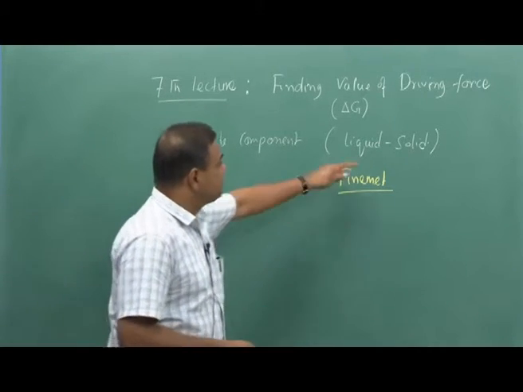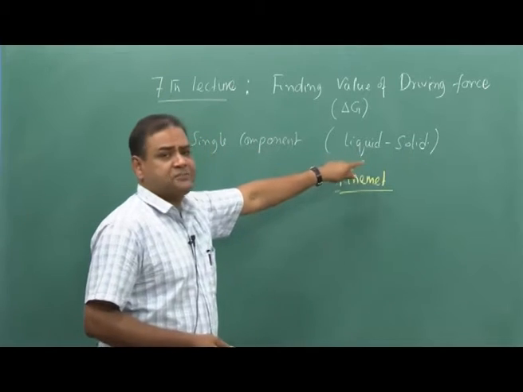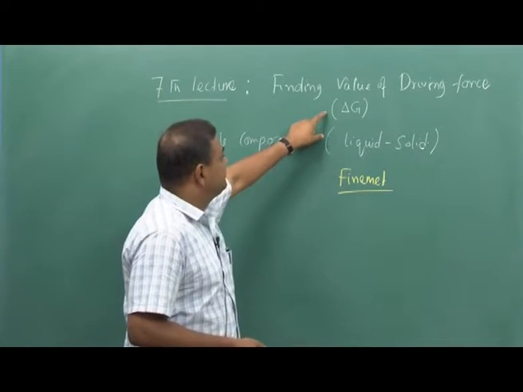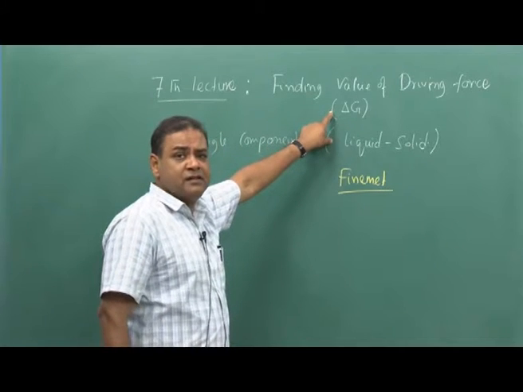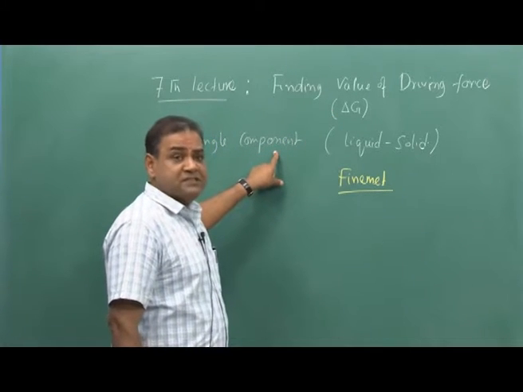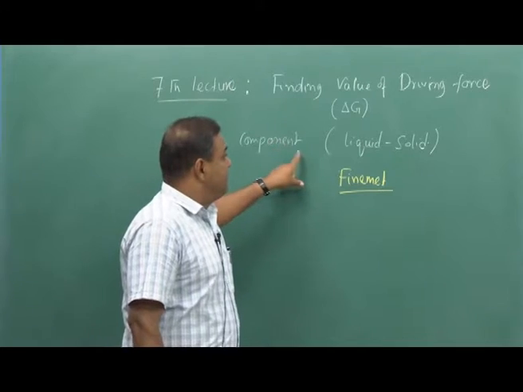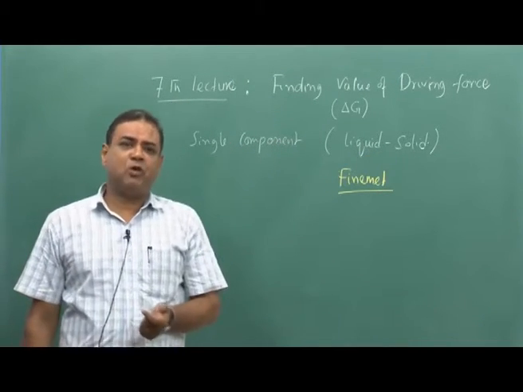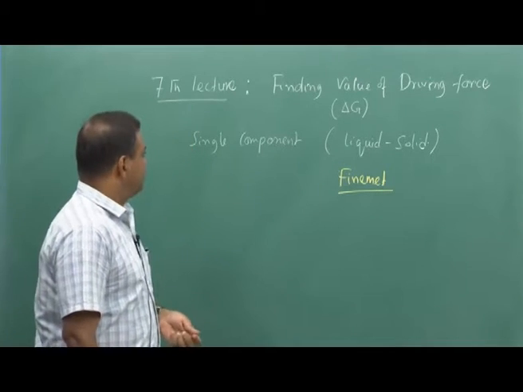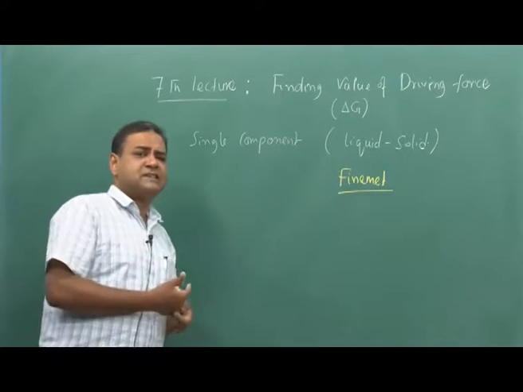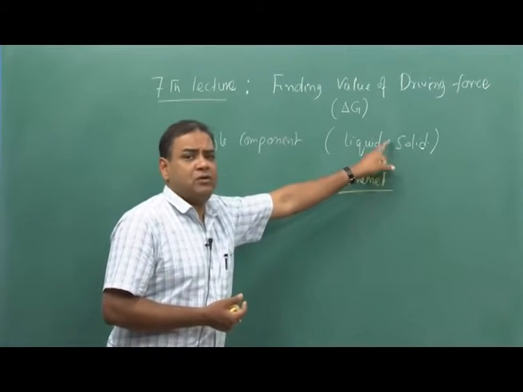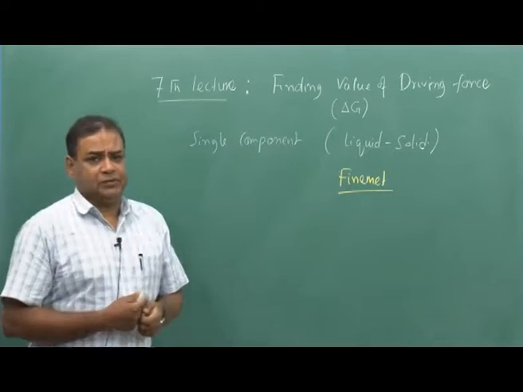So from an engineering perspective this transformation is very critical. One, it gives a simple expression for del G in a single component system, and also it has engineering importance, and later we will see that heat treatment plays a huge role in this transformation.